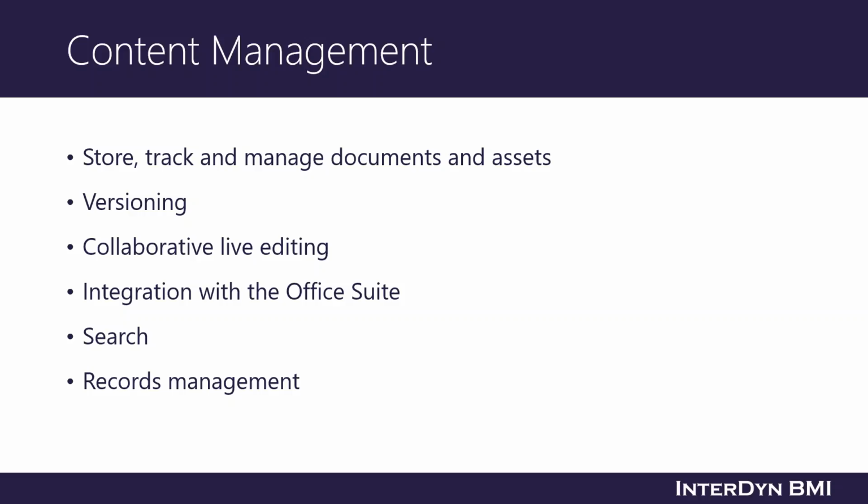Versions are now available in SharePoint so that you can keep track of your previous versions. So if you've made a change and you want the changes to be historical, you can go back and see how things have changed to each of your documents in the past. Collaborative live editing is a nice new feature that they've added. Using the online tools, you can now simultaneously edit the exact same document inside of SharePoint.